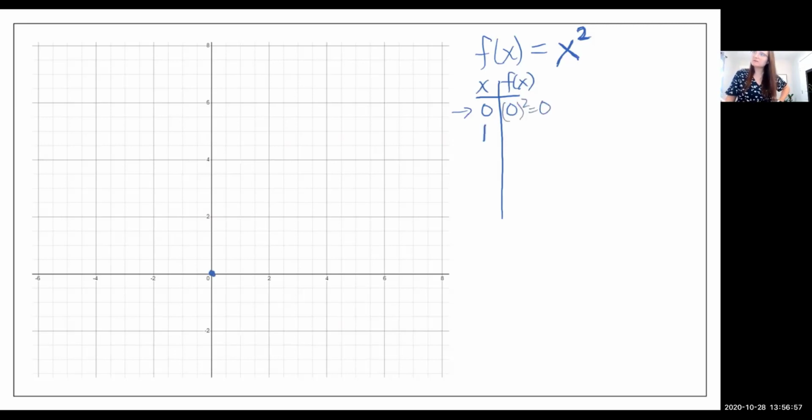Then 1 was 1, and 2 was 4. I'm just writing these from the chat. 3 gave us 9. 4 gave us 16. 6 gave us 36. Have we gone the other way at all? 5 gives us 25. That's right.